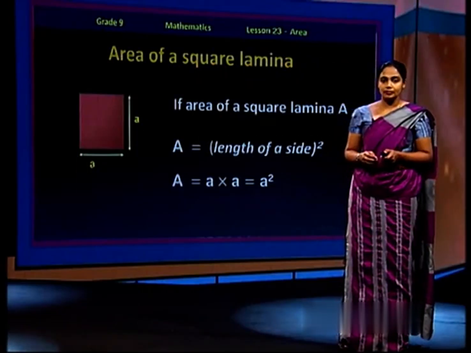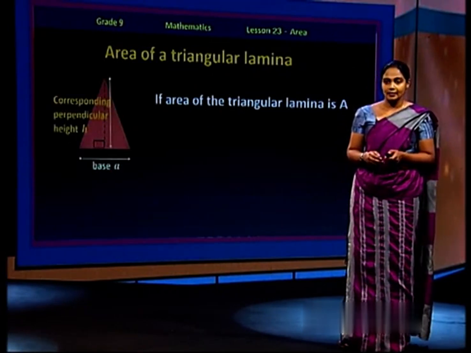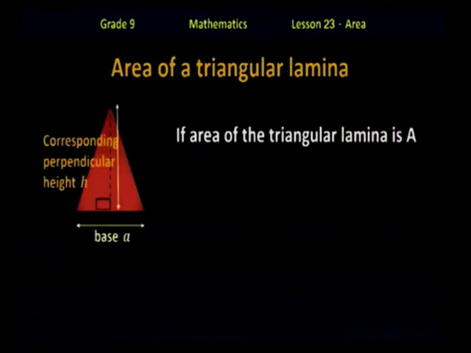Then let's go to the area of a triangle. Area of a triangular lamina. How can we find the area? There are 3 sides for a triangle, but we should identify a suitable base. Here the base is mentioned as a. Then we want the corresponding perpendicular height.